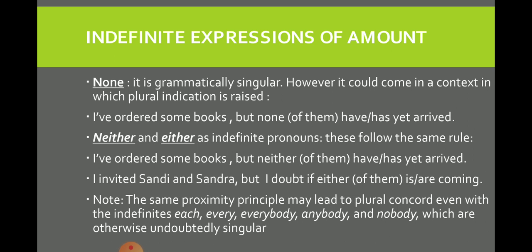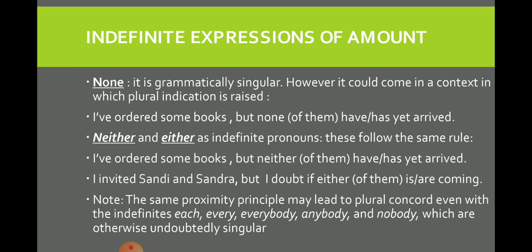Neither and either as indefinite pronouns. Here we are going to use them as indefinite pronouns, not as coordinators, just like what we mentioned in the previous slides. Also, neither and either follow the same rule.